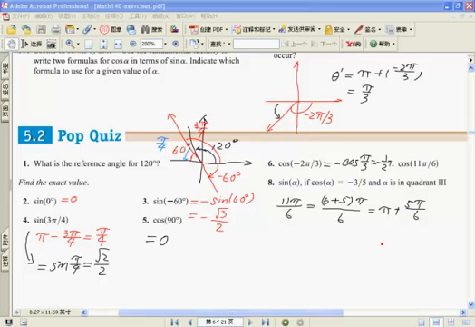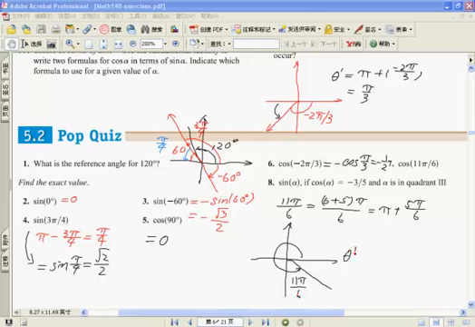And if you sketch this angle, we have the angle like this. First, we have the pi here, followed by the 5 pi over 6 right here. So this is the 11 pi over 6.